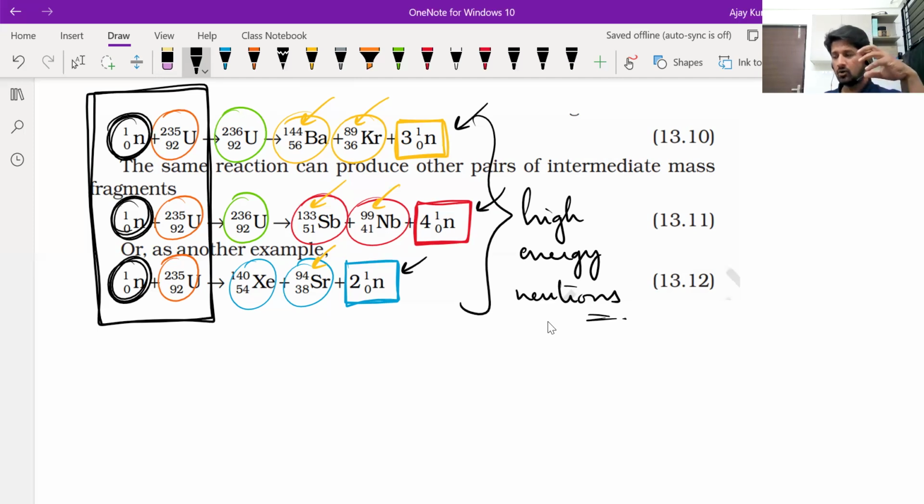And how to slow down these neutrons which are formed? Neutron is a very, very small particle. In fact, it is much, much smaller than an atom. So these fast moving neutrons can easily escape from the nuclear reactor. Even a wall cannot prevent a neutron from escaping because a wall is made of what? Atoms, molecules. But most of the space in an atom is empty.